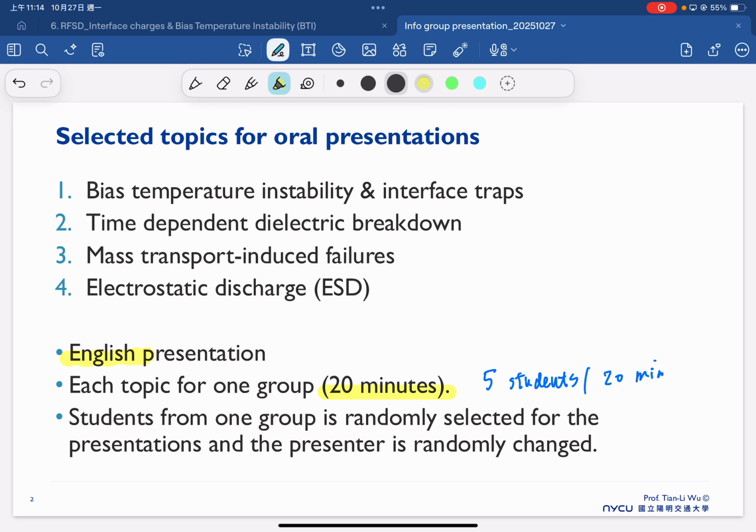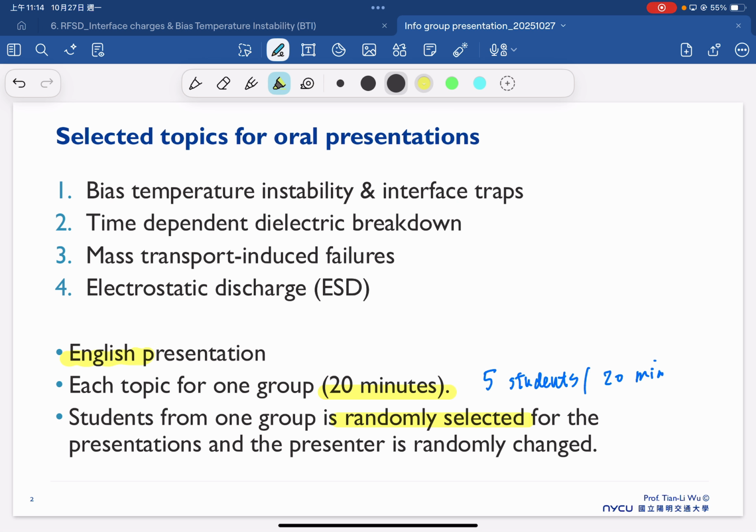I don't know who will do the first presentation; it's not decided by you, just decided by me. And also the time is not equally distributed. The first person might present for only 2 minutes, but the second will present for 5 minutes, and the third might present for only 3 minutes.